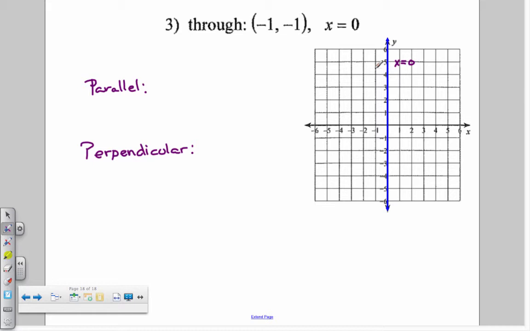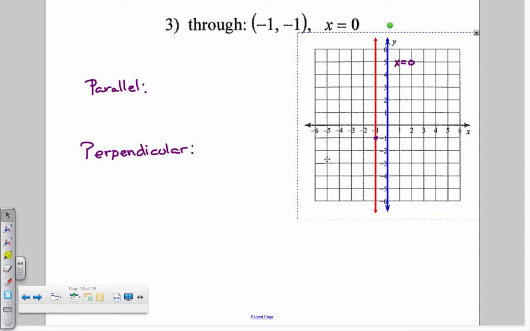So to get something parallel, I'm going to get another x equals. Well, it has to go through the point negative 1, negative 1, which is right here. So I'm going to have just another vertical line through that point. That line will look a little bit like this.